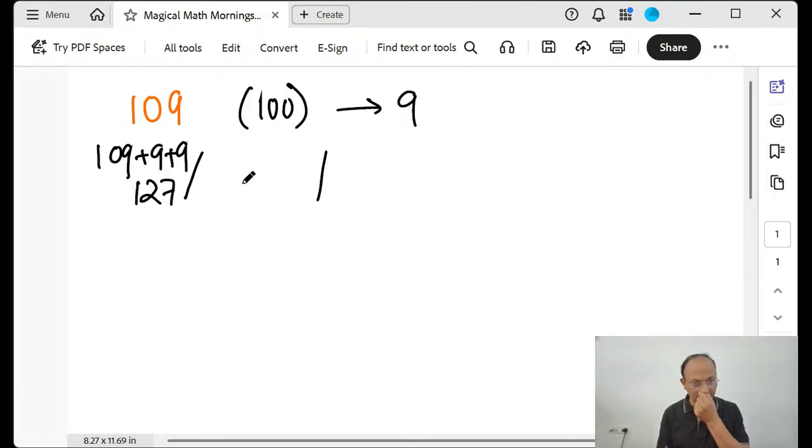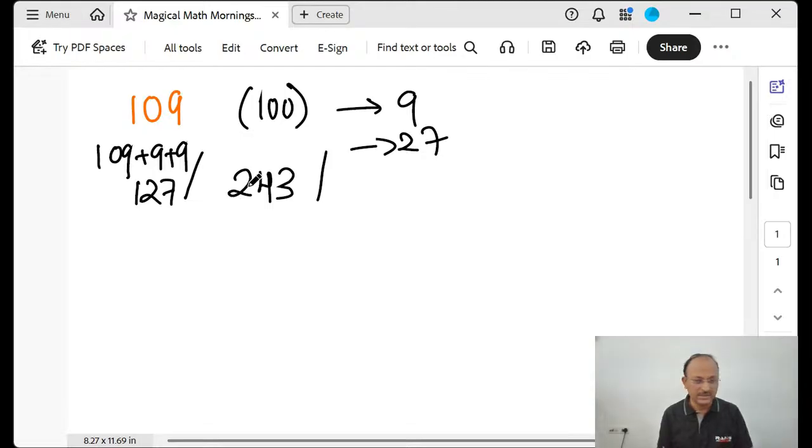The second part: what is the deviation of this 127 from the base? It is 27. You find out the deviation of this and then multiply 27 and 9 and write it in the middle part. 27 nines are 180 plus 63, that is 243. This will make the second part.